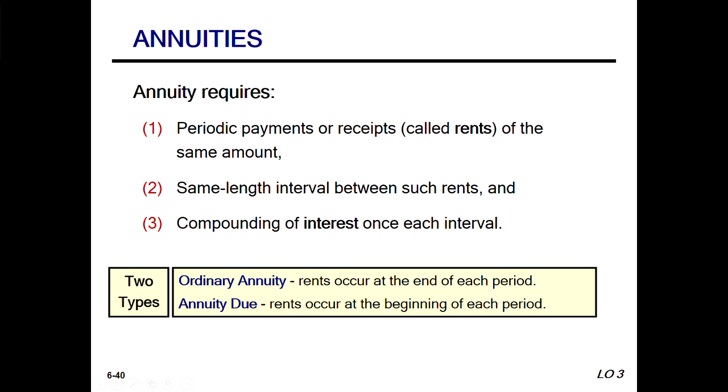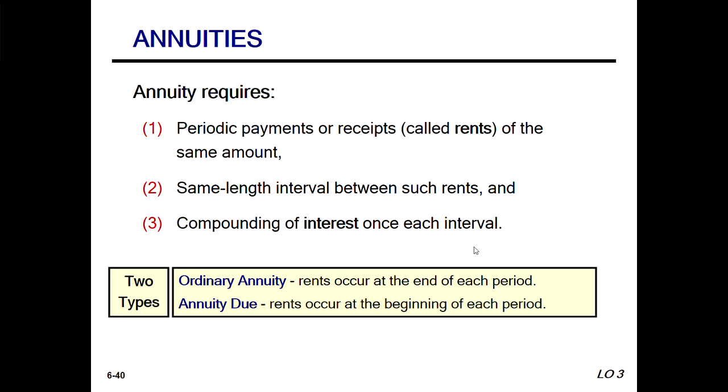There has to also be the same length interval between each of these payments. So maybe that's once a month, maybe twice a year, maybe once a year, maybe it's quarterly, but it always has to be the same length of time between them. So it's not 1 month and then a quarter of a year and then another month and then 6 months.